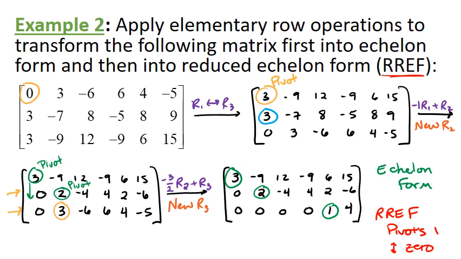So everything below the pivots is already 0. Okay, so let's see what we need to work with. I'm going to go to the next slide just so I have some space. So I'll rewrite this matrix on the next slide. So here it is.